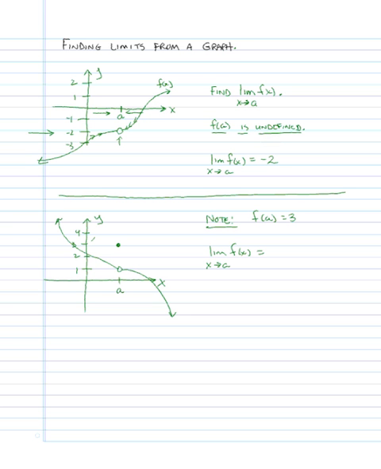And the hardest thing to get used to in calculus is that we don't let things like this keep us from the main idea. Because it's not what's the value of f when x is A, it's what is the function getting close to.